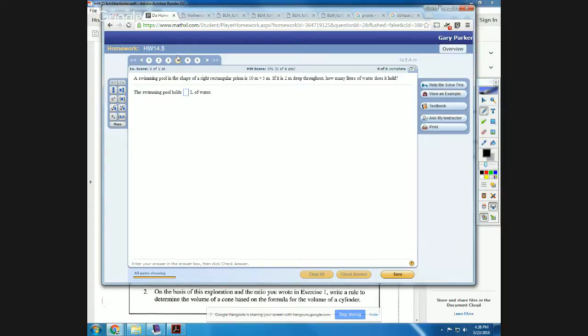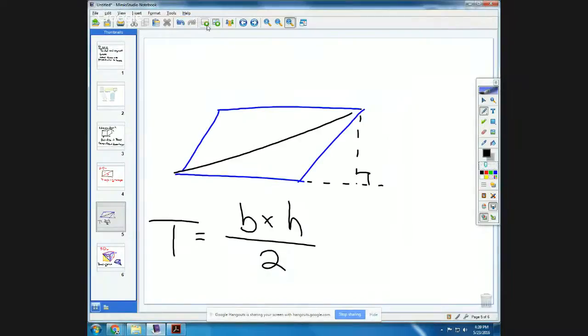Similarly, there's 1,000 cubic centimeters in a liter. And I probably should be writing this down somewhere.